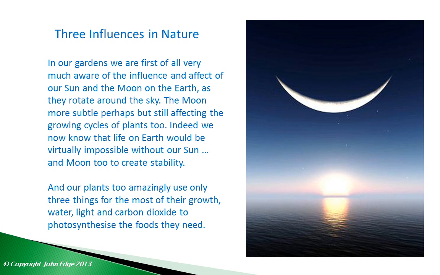The moon, more subtle perhaps, but still affecting very strongly the growing cycle of plants too. Indeed, we now know that all life on Earth would be virtually impossible without our sun, of course, but also our moon too, to create the necessary stability. We need all three, the Earth, the sun and the moon, for life to exist here.